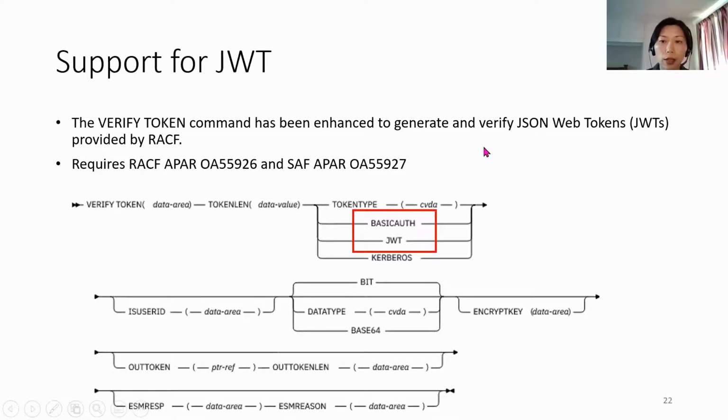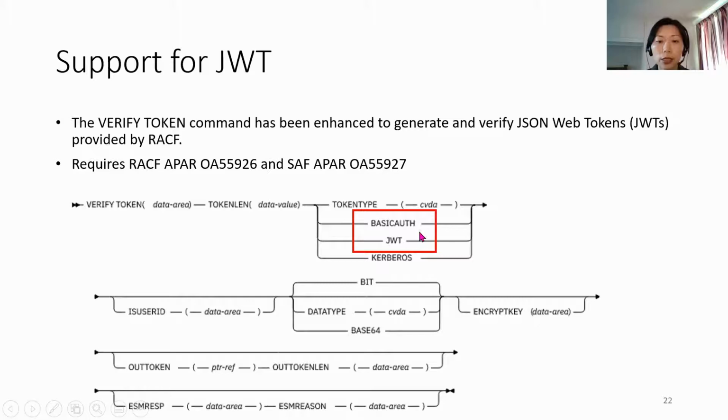CICS enhanced the VERIFY TOKEN command, which you can use to generate and also verify JWT tokens. For example, we enhanced VERIFY TOKEN with the JWT option as well as a basic auth option.